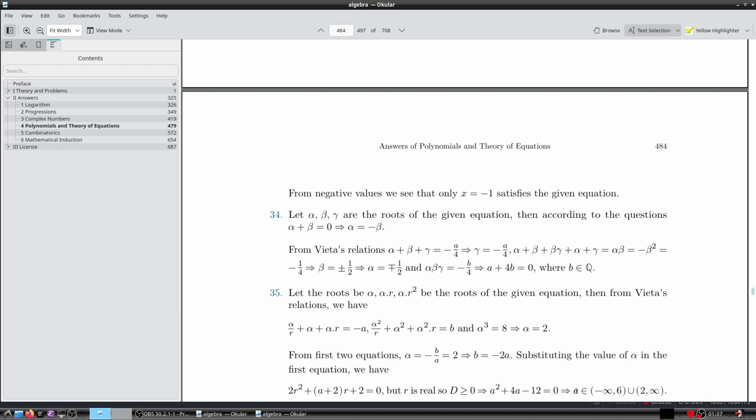So now if you factorize this, one root would be minus 6, another root would be 2. So that means a would lie between minus infinity to minus 6, and this should be minus 6 to infinity.